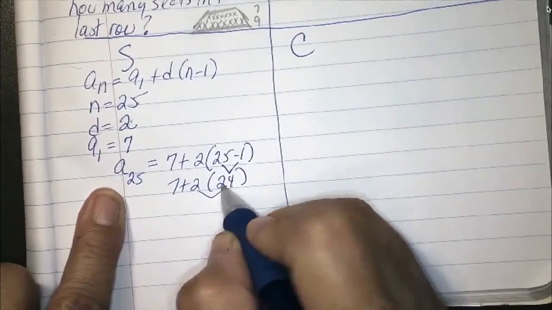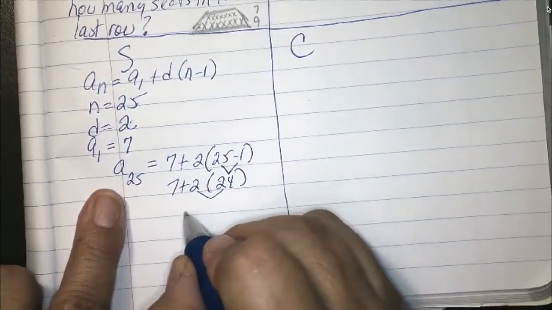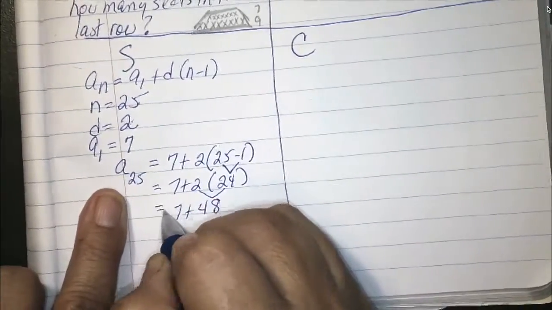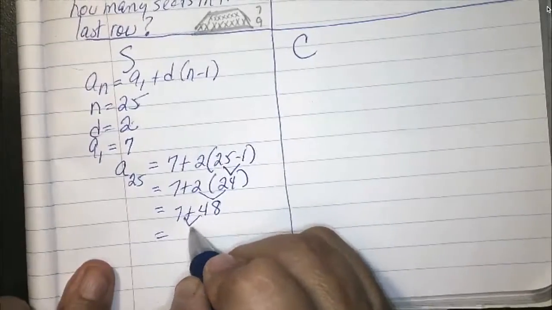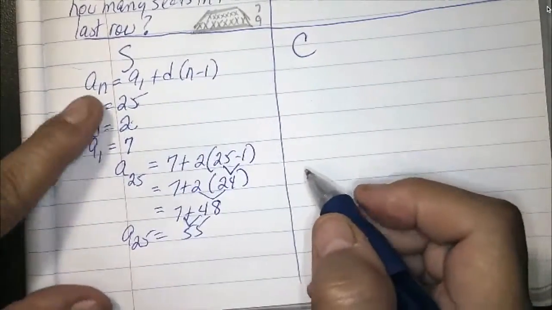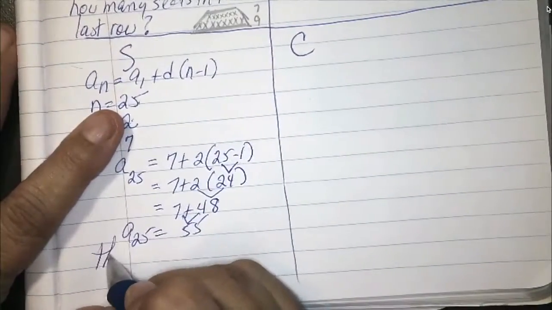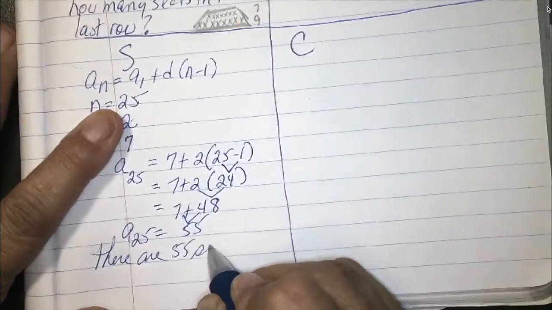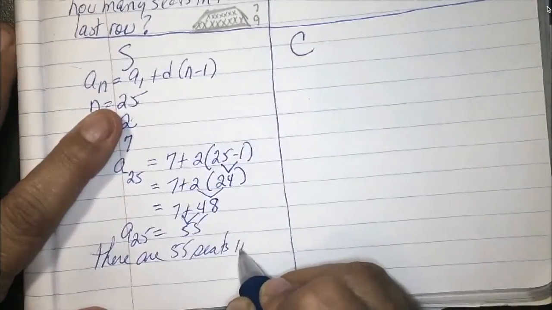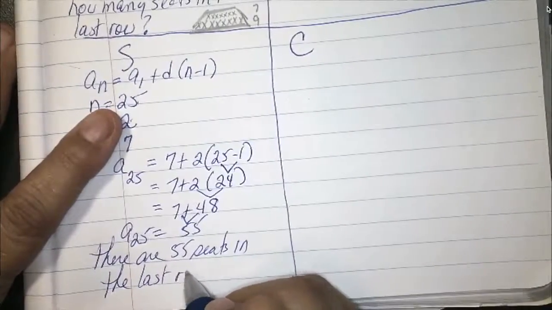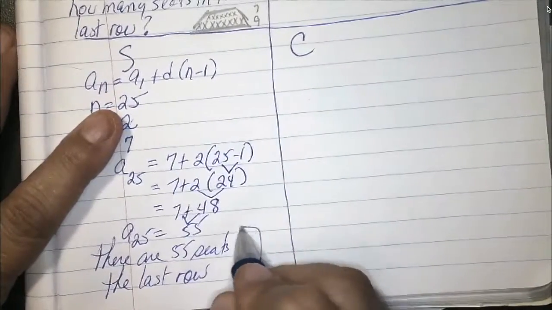Next, we multiply. So 24 times 2 is 48. And then we add the 7 and 48 together. Let's write our answer as a complete sentence. There are 55 seats in the last row. And that's my answer.